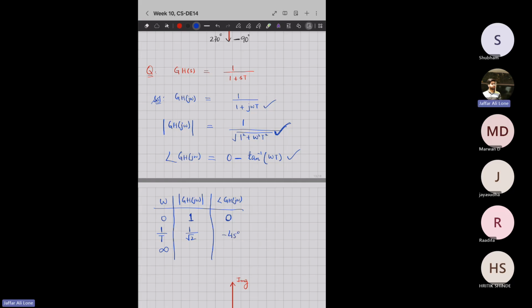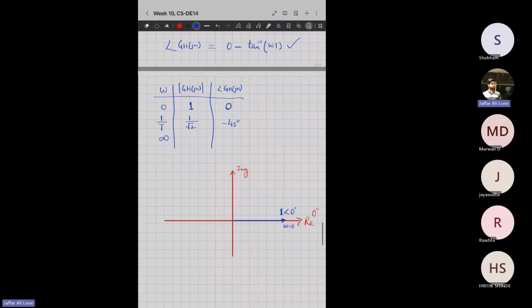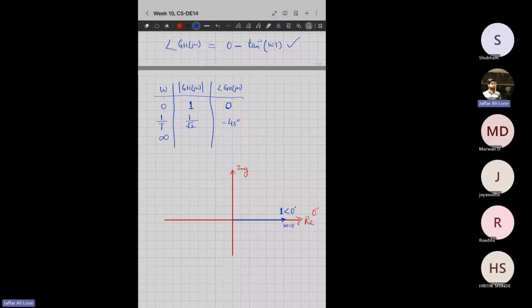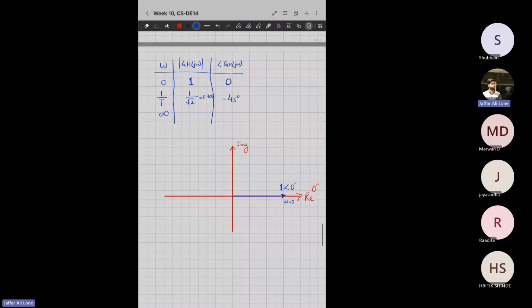Right? Now let me plot this. For omega equal to 1 over T, the initial magnitude was 1, and now the magnitude is 1 by root 2, which is 0.707, obviously less than 1, and the angle is minus 45 degrees.